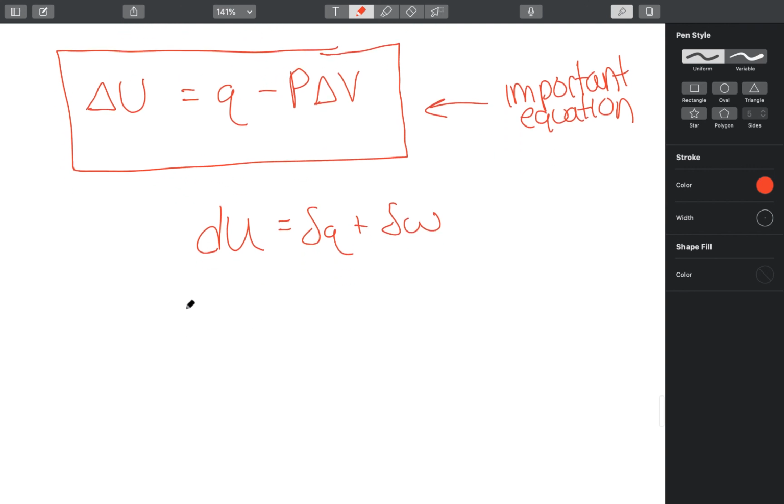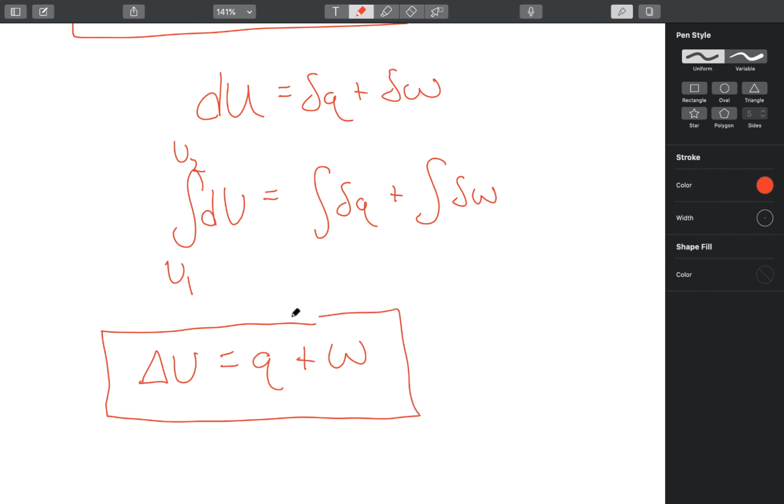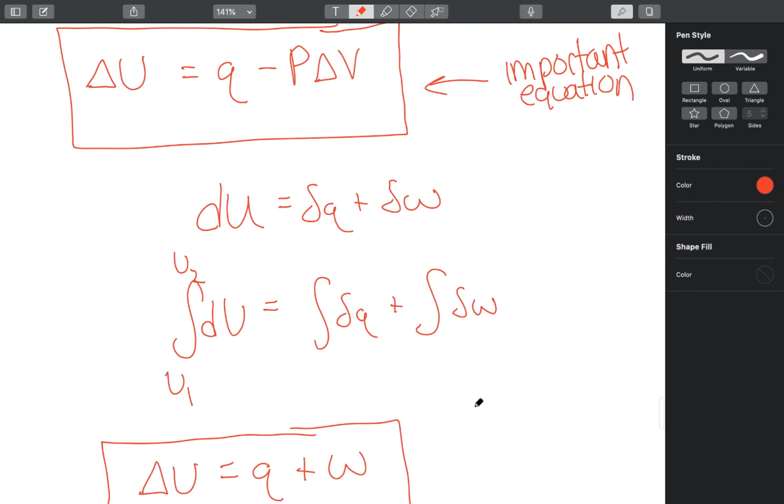So in this case, you'll often see it like this. And when it's integrated for you, you get delta U is equal to Q plus W. So this is the other important equation. So this one is important to know, and this one is important to know.